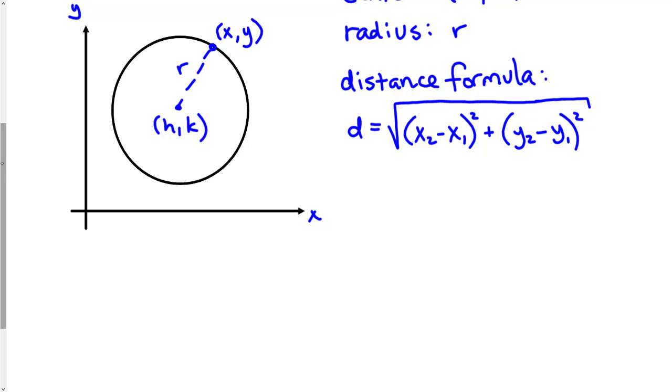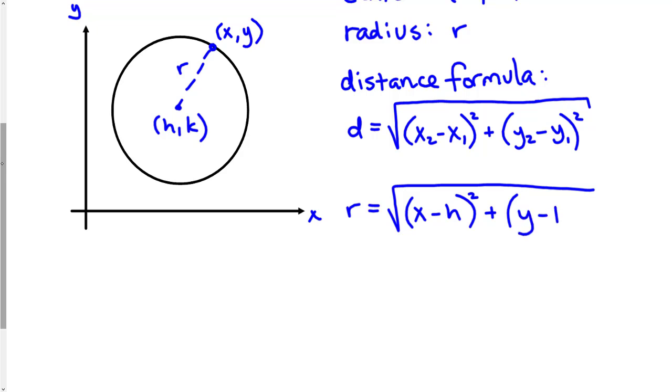So let me plug that in. So the distance I'm going to change to r. And when I subtract the two x values that I have, I could write it as x minus h quantity squared. And when I subtract the y values of these 2 points in question, I could express that as y minus k quantity squared.